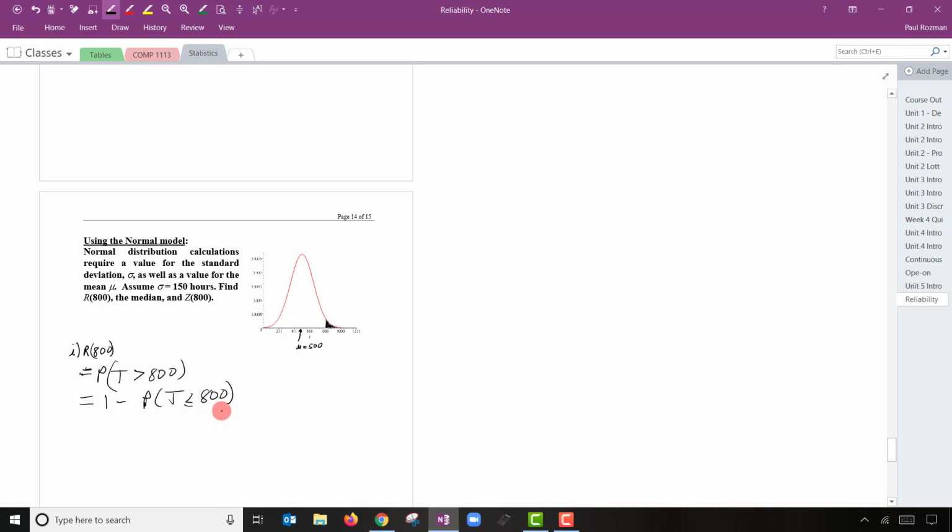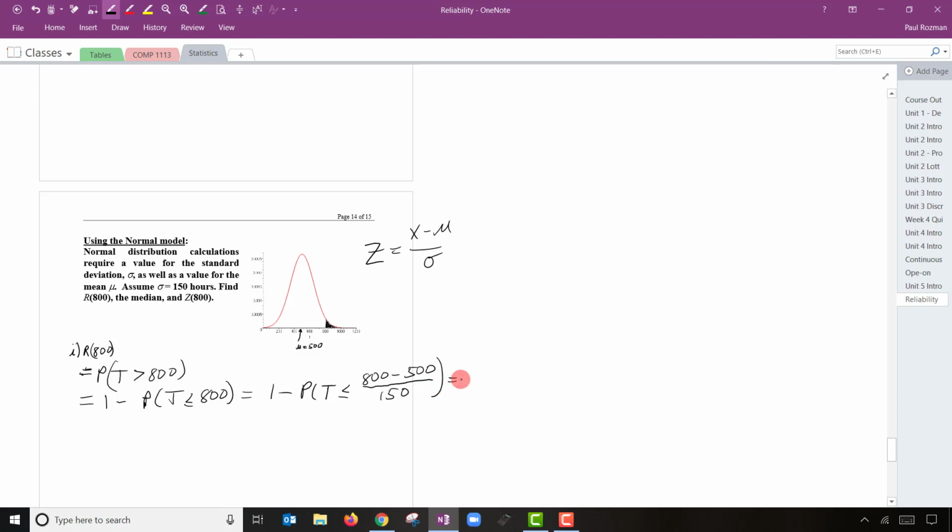And then we have to calculate the z-score. Remember, z is x minus mu over sigma. So we'd have 1 minus the probability that t is less than or equal to 800 minus our mean of 500 hours. And we estimate that the standard deviation is 150 hours.